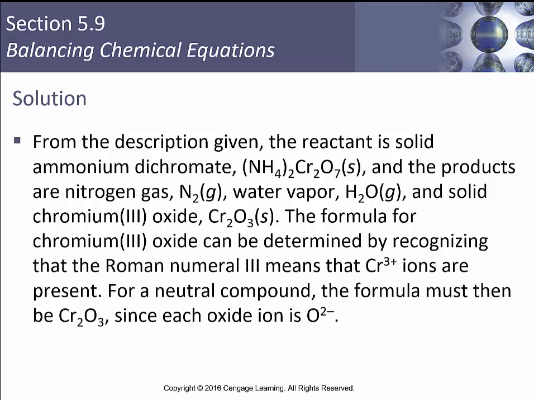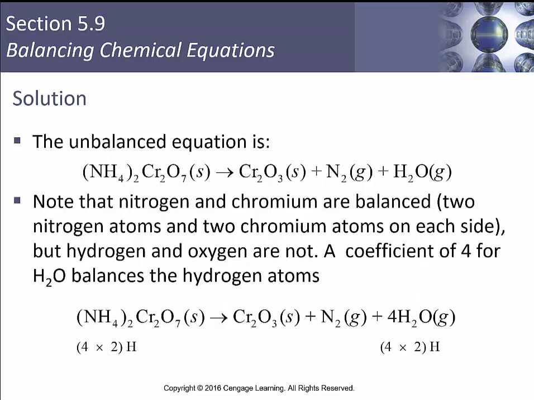So for our neutral compound, we're going to have chromic oxide, which is Cr2O3. Right, so our unbalanced equation is we've got NH4 ammonium, and then we got our dichromate Cr2O7, and we're going to form our Cr2O3, our chromic oxide, and we're going to form nitrogen gas and water gas and a lot of heat.